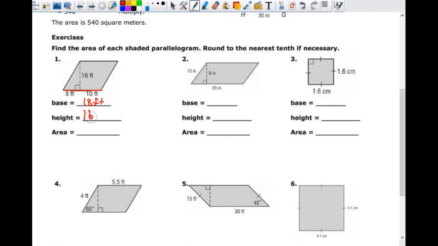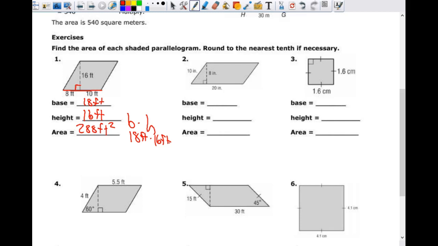And the thing about height, guys, is that it has to be perpendicular to the base. It has to be 90 degrees to the base. Base times height is 18 feet times 16 feet. Multiply these together, you get 288 feet squared. It's feet squared because you have feet times feet. Area is always measured in units squared.